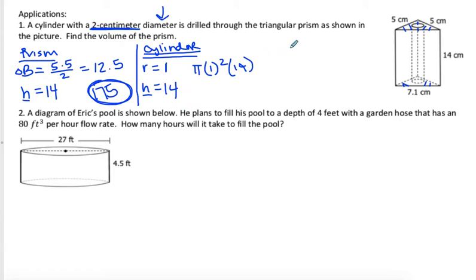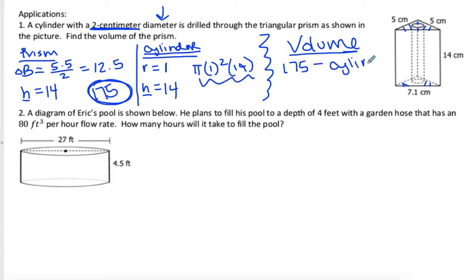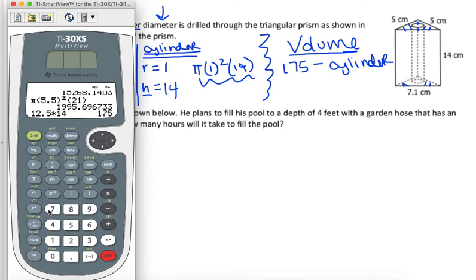And now I want to find the overall volume. So overall, I'm going to take 175, that was the volume of our prism, and subtract the cylinder, pi r squared times height, there's our 14.